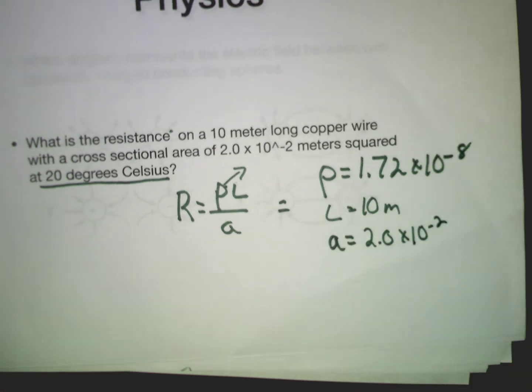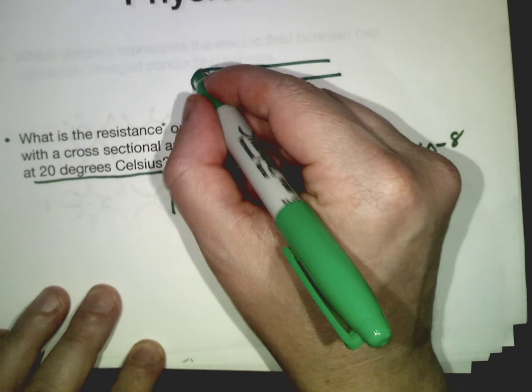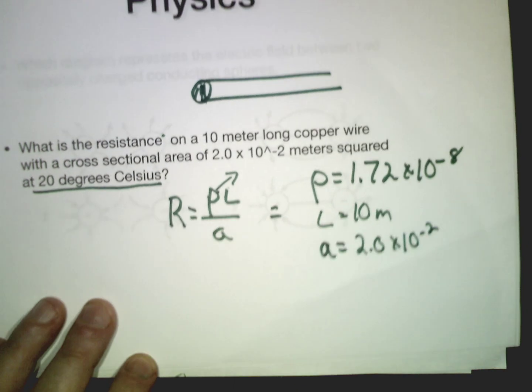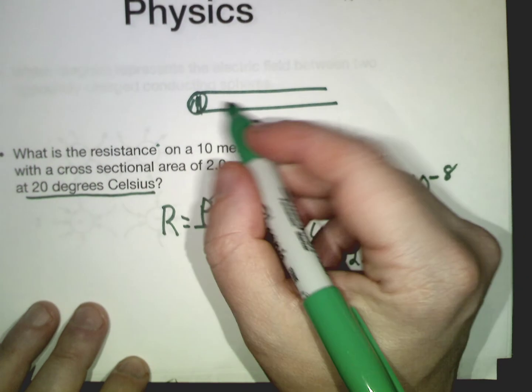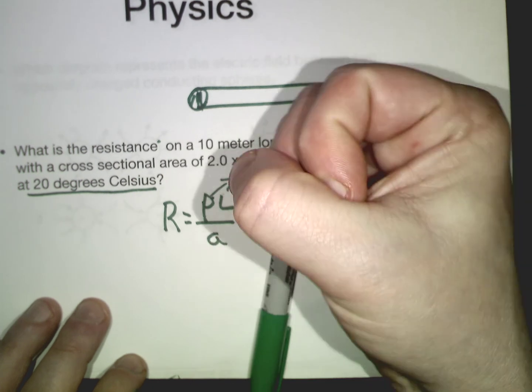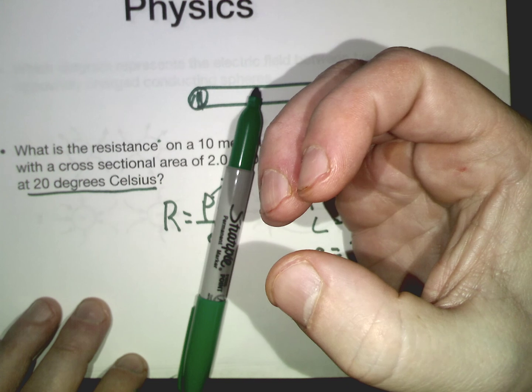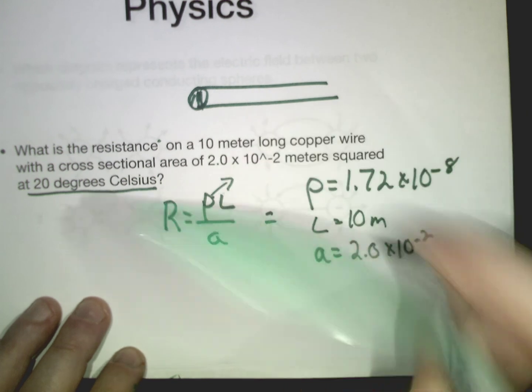Just as a quick refresher, cross-sectional area is how thick the wire is. If you cut the wire, the little circle you'd see is the cross-sectional area, so it says how thick or wide the wire is. Notice that the area is on the bottom.